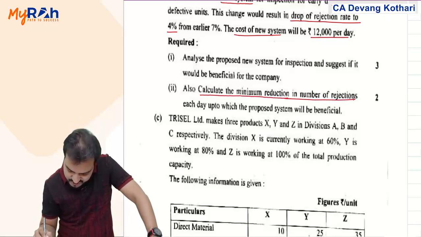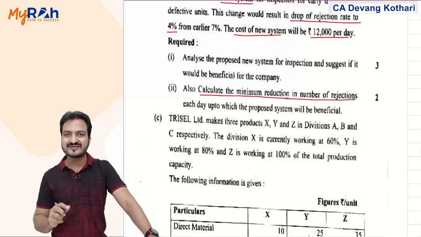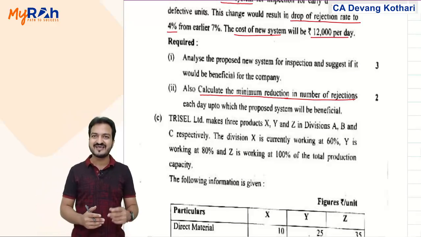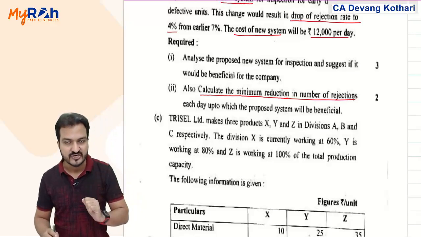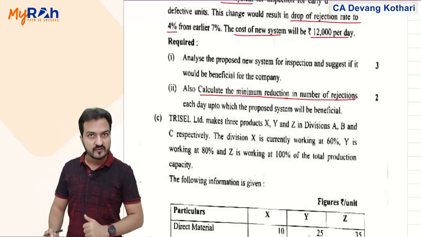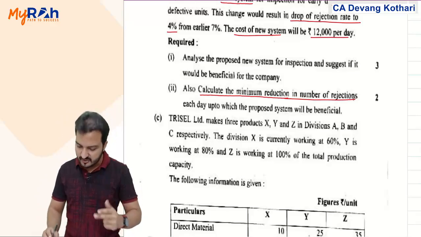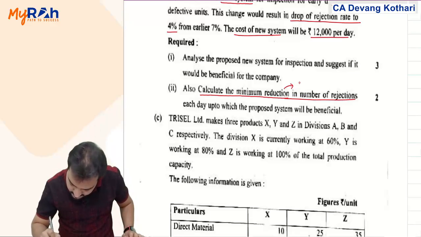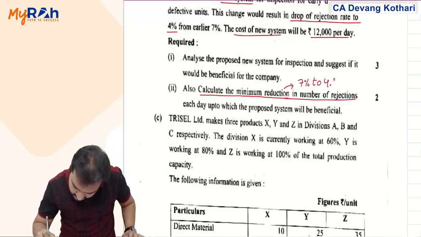Minimum reduction in the rejections. Now they are not asking the number of rejections, they are asking the reduction in the number of rejections. So the maximum rejection rate you can afford is 4.33. So your reduction required is from 7% to 4.33%.